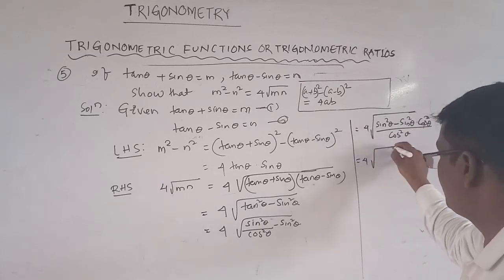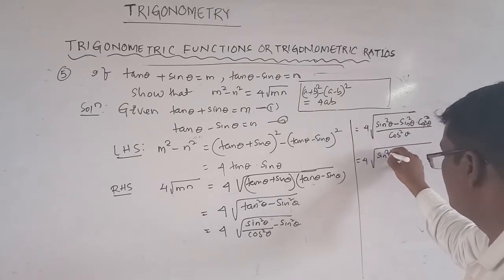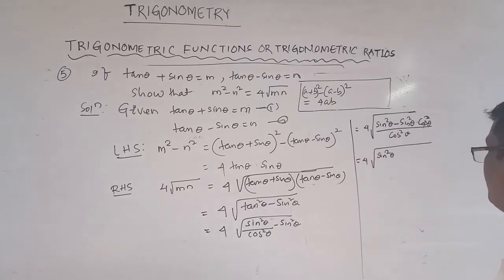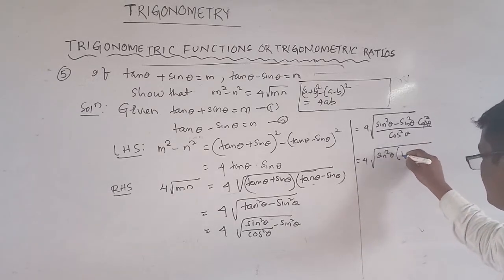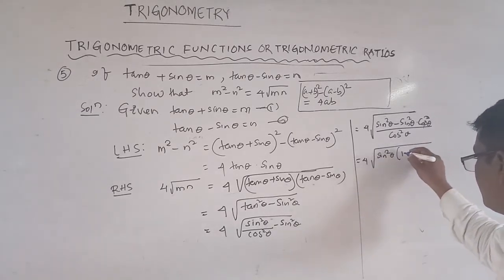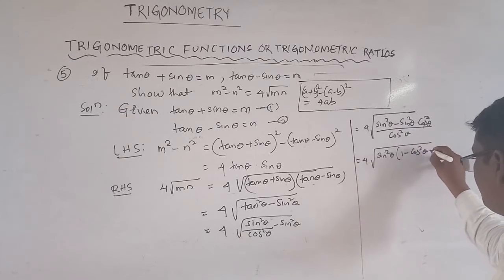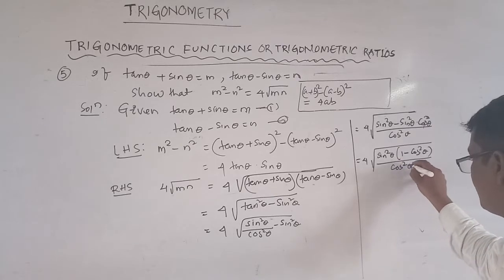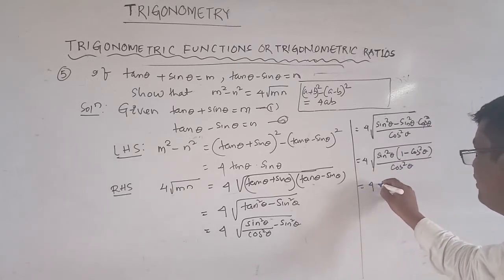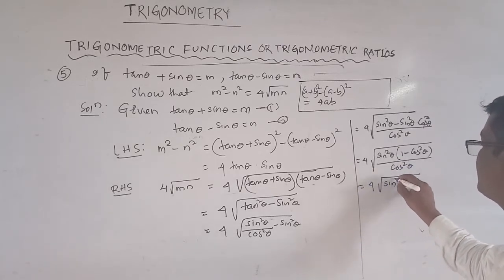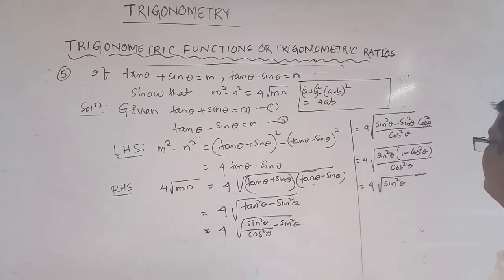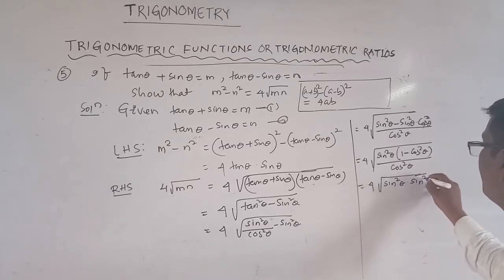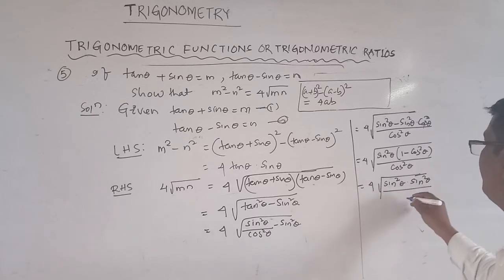Taking sin square theta common, 1 minus cos square theta by cos square theta. So this is 4 into sin square theta into sin square theta divided by cos square theta.